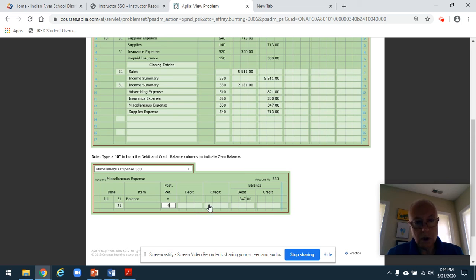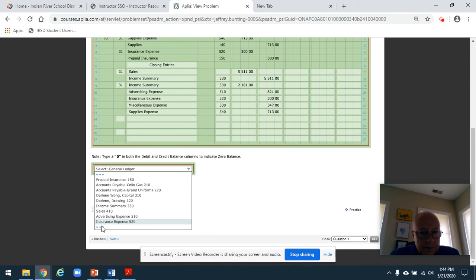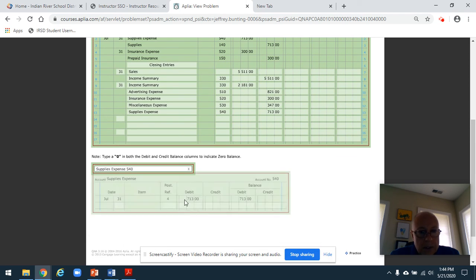Post reference 4, credit entry 347, 0, 0. Okay, and then we go back and we close out our final one here, which is supplies expense, 31, 4, 713, 0, 0. Okay. That section's done now.